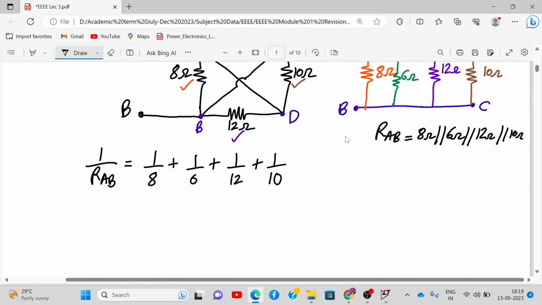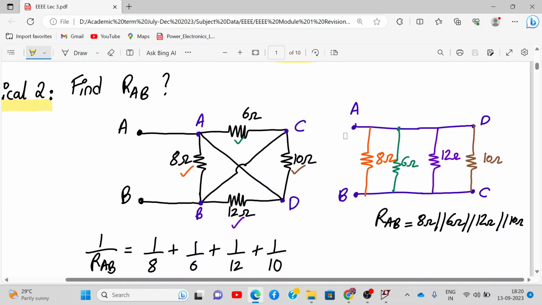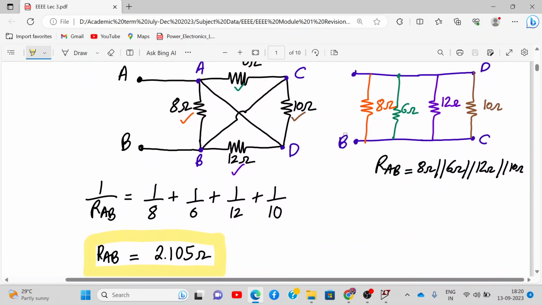If you solve this in the calculator, you'll get RAB as 2.105 ohms. Please cross check this answer. This is 1 upon RAB, so RAB will be 1 upon whatever answer you got. This is how you can simply find the equivalent resistance between terminals A and B.